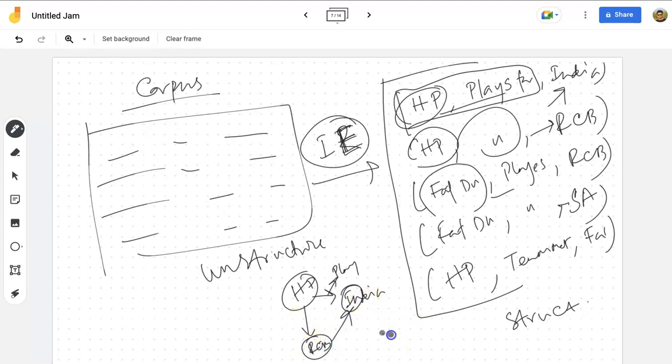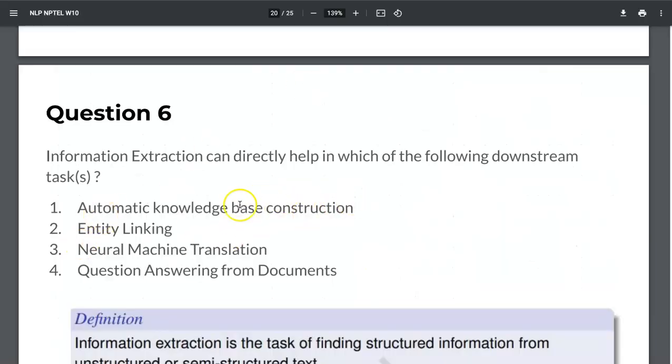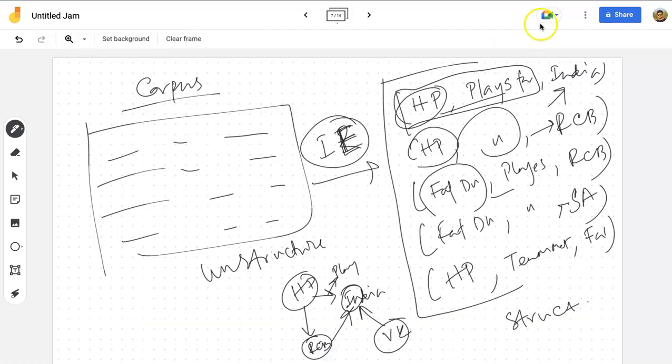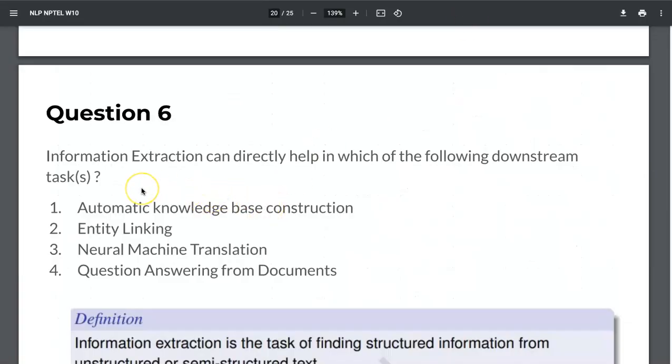So there is a player, Virat Kohli, who also plays for India. So this kind of knowledge graph you can extract from all these things. So basically these are the knowledge bases. You can construct these knowledge bases, and if someone asks for something, you can just query the knowledge base and provide the answer. Okay. So this can be helpful.